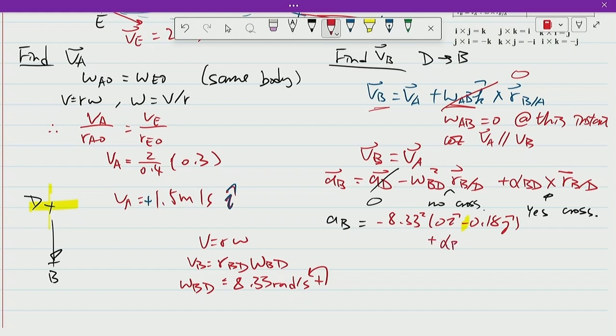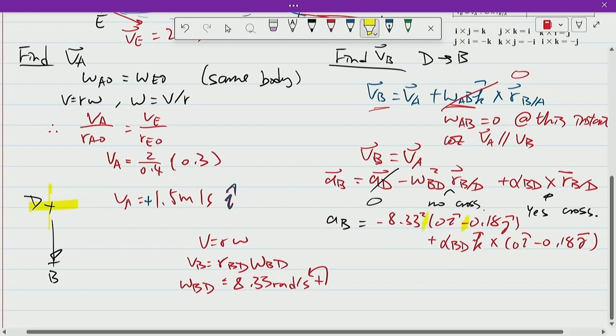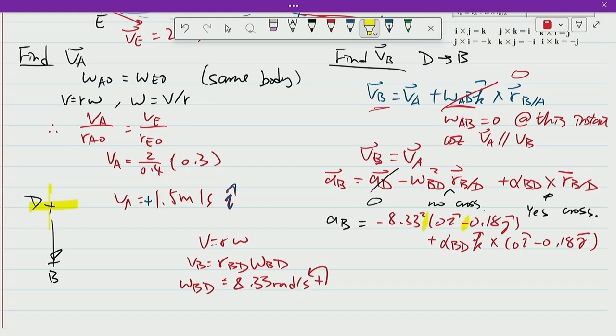Plus alpha BD k cross 0i minus 0.18j. You might have noticed I didn't even write the k there, because it's already been squared. This is where the negative comes from. So don't write a k, because then you're going to accidentally do a cross product where there shouldn't be.